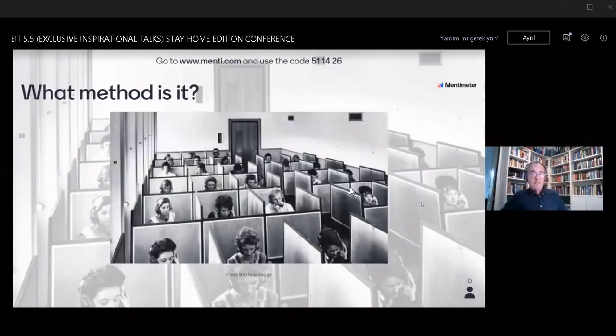So that's the picture of the method. You can see it there at the back of the screen, and you can also see it on the Menti.com app. So when you've downloaded that, have a look at the different options. There's 9 different options, and then decide which one it is.